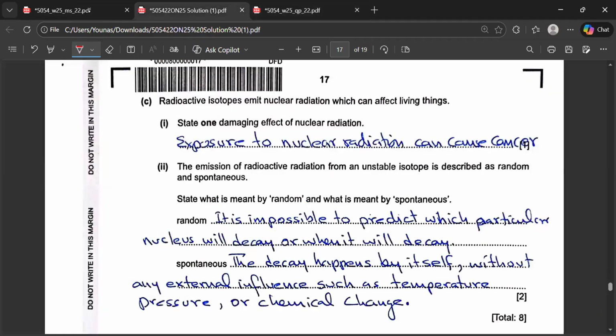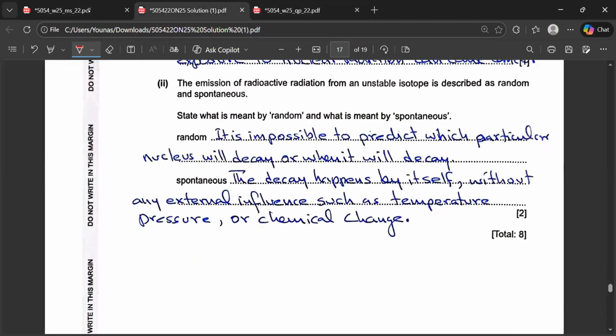Okay. So the meaning of random: it is impossible to predict which particular nucleus will decay or when it will decay. And spontaneous means that the decay happens by itself without any external influence, such as temperature, pressure, or chemical change.